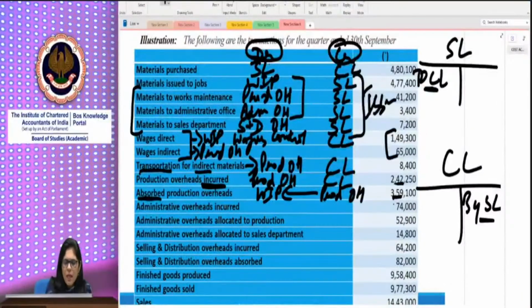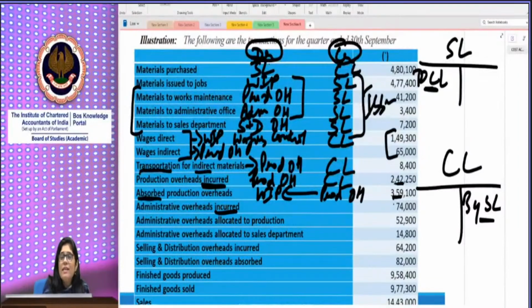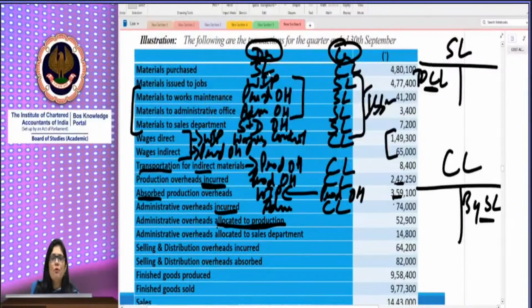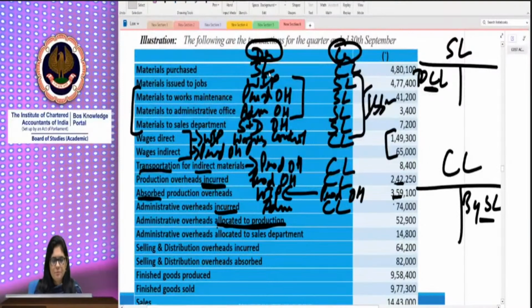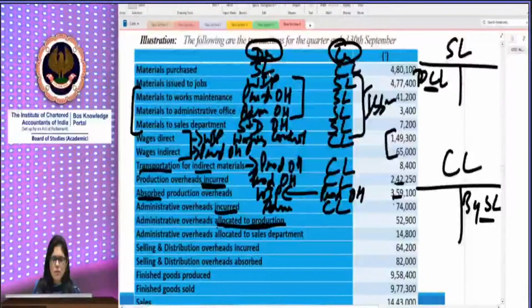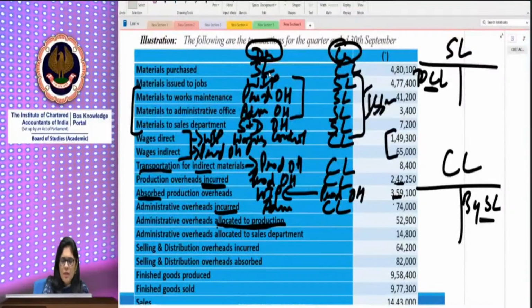Clear? Administrative overheads incurred. We are incurring them now. So that means admin overhead debit, CL account credit. We are paying first. Then they are allocated to production. Administrative overheads allocated to production. So where should it go?